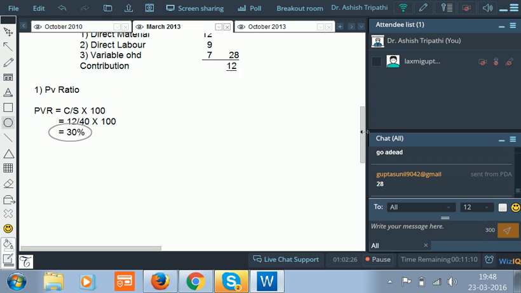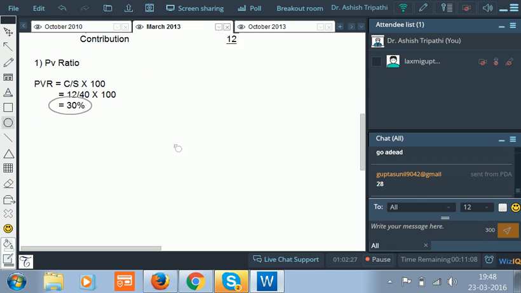Okay. Now let us calculate the second thing. Second part that we will have to calculate is break-even sales in unit as well as in rupees. So let us calculate the second part. Second, break-even sales in unit.